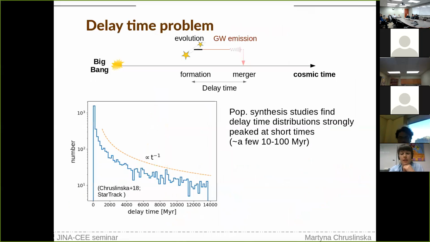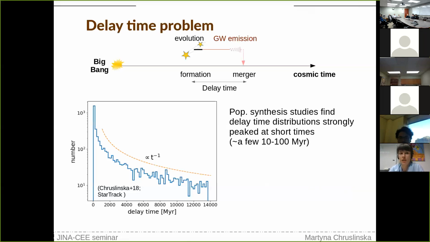And the last thing before I stop talking that I wanted to mention is not about the merger rate itself, but something closely related. So about the delay time, because population synthesis studies usually find that this delay time distribution is strongly peaked at short merger times.